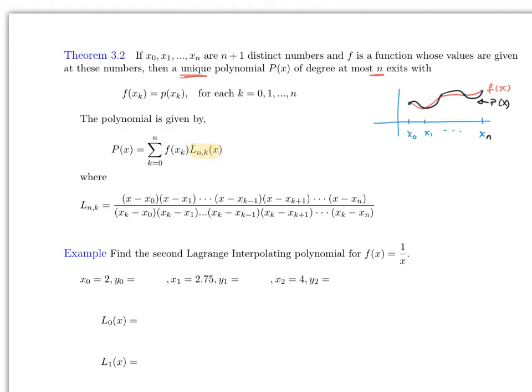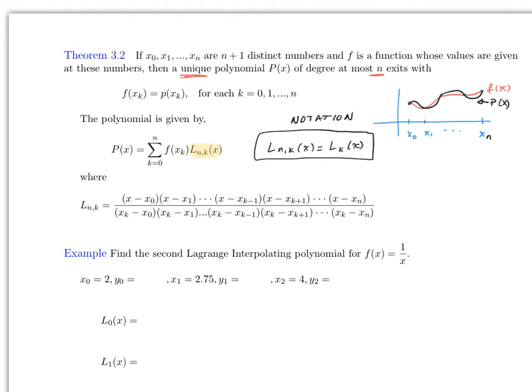Here the notation is very important. L n,k most of the time is going to be written just as L of k. So it's important that you know that these two are the same thing.